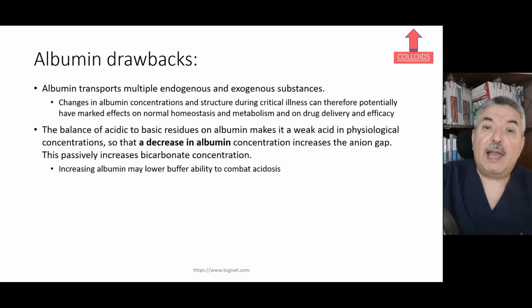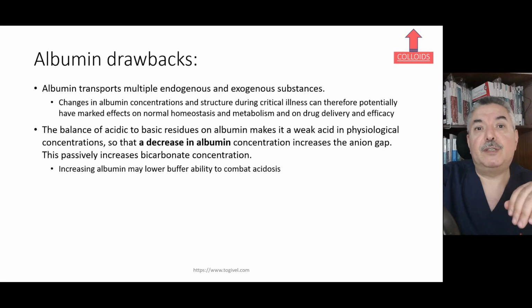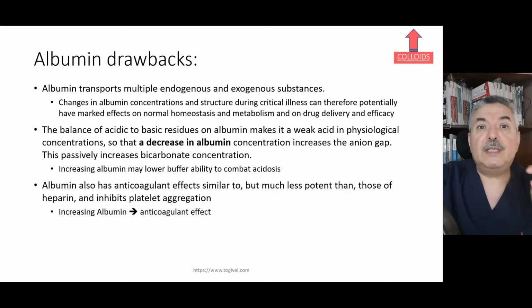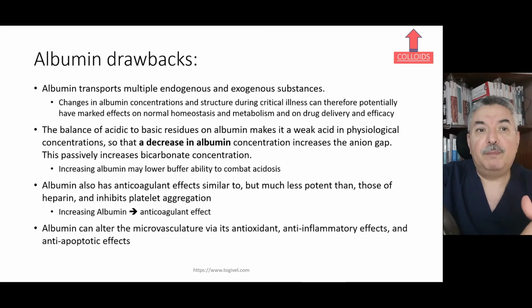If you are giving albumin, you are decreasing the bicarbonate concentration, and so the buffering ability of the body to combat acidosis is decreased. The third thing is that albumin, as all colloids, has an anticoagulant effect, and thus it may induce coagulopathy. Albumin can change the microvasculature of the small vessels, and we know little about this.